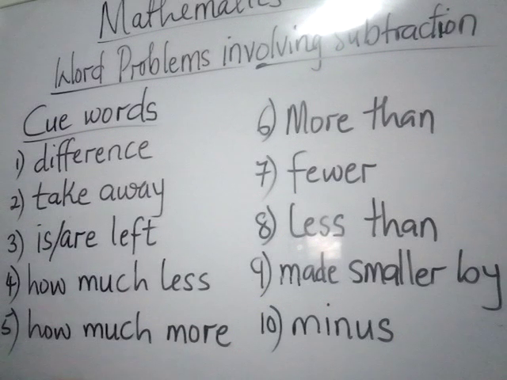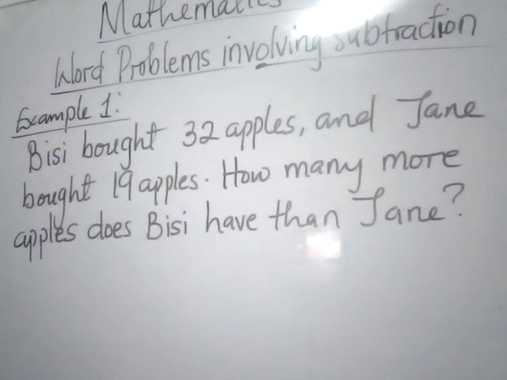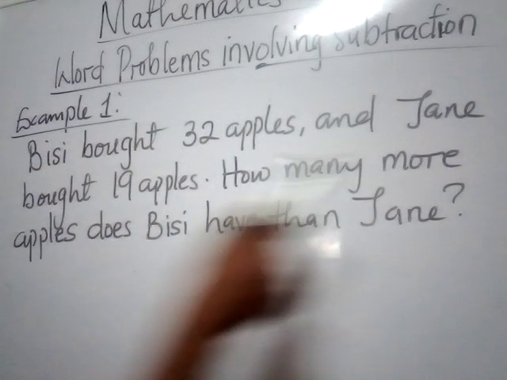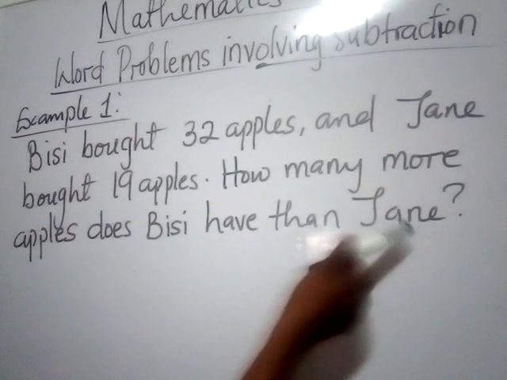So now that we have taken a look at this, we're going to see how 1 or 2 of them can actually feature in word problems. Okay. So here's an example on the board. It says BC bought 32 apples and Jane bought 19 apples. So how many more apples does BC have than Jane?